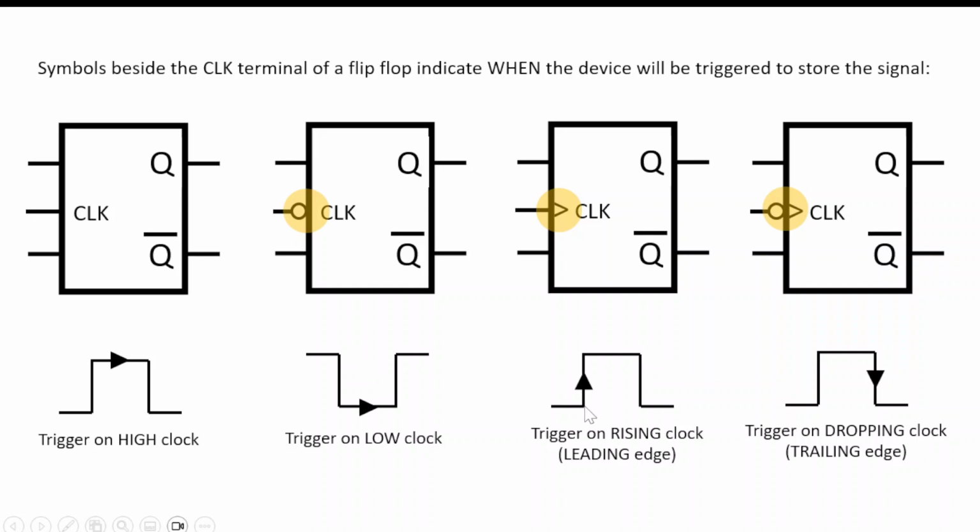This one means it will only transfer or set the bit during this time period when it goes from 0 to 1. So, for example, if my set signal came in here, this flip-flop would not store the bit, only if my set signal was present during this time period. And finally, same with this one, the trailing edge. It will only save the bit, as in store the signal, during this transition from high to low.